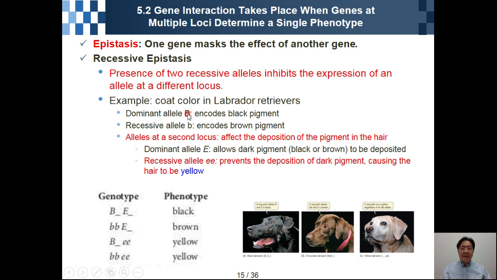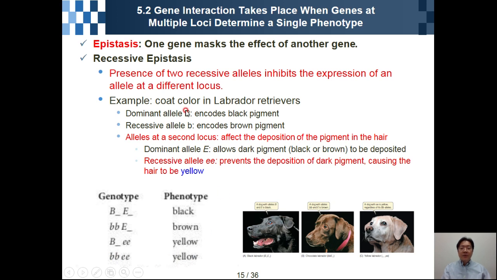Because the large B encodes the black pigment, but if there is a small ee, the color will be yellow. And small bb encodes the brown pigment, but because there is a small ee, the color is yellow.